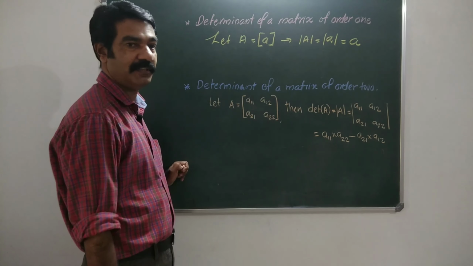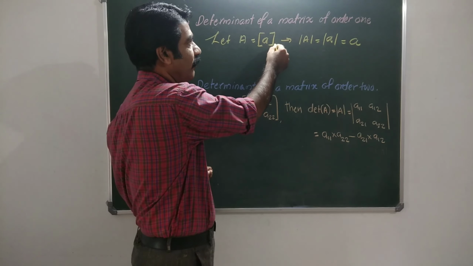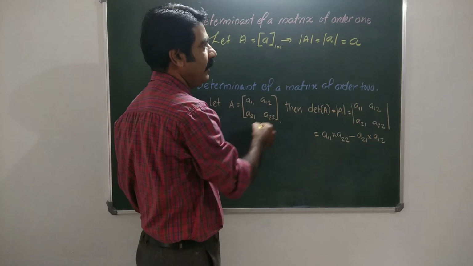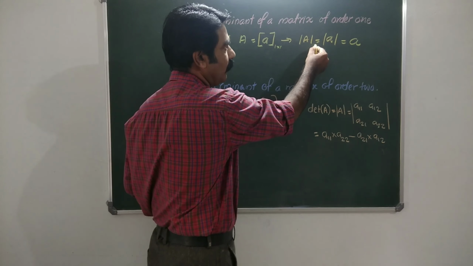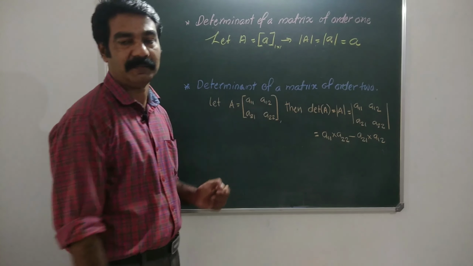No change. Let A be a 1 by 1 matrix or a square matrix of order 1, then determinant A is equal to a itself. Simple concept.